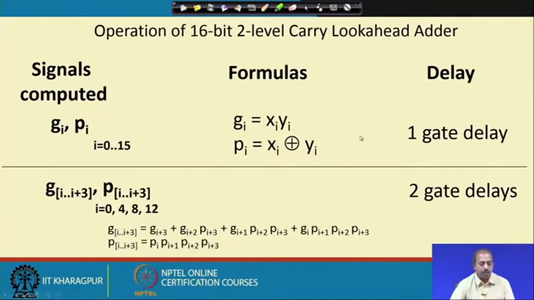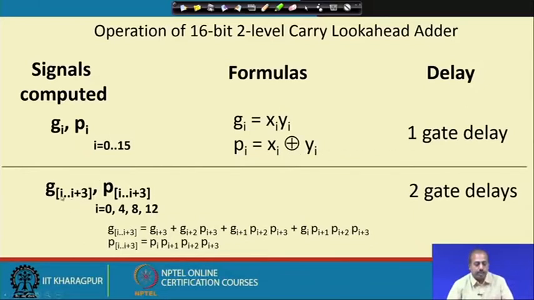So, these are simple formulas that we have got for the delay calculations and all. The formula is GI equal to XI-YI, which will incur one gate delay, and the PI computation is XI XOR YI, which is also one gate delay.